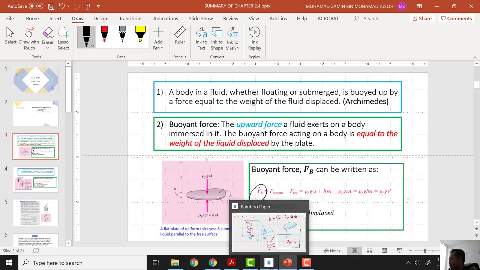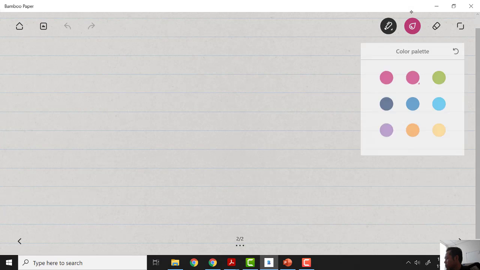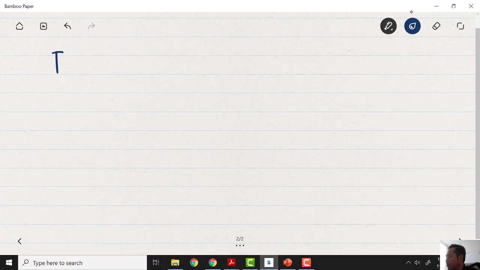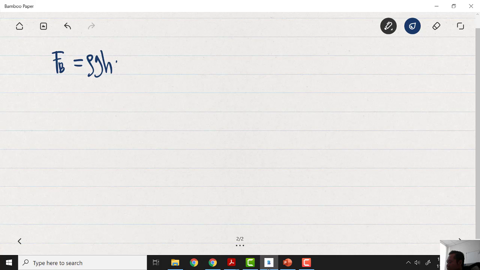We also know that the force from the water is F equals P_C times A, where P_C equals rho g h_C.